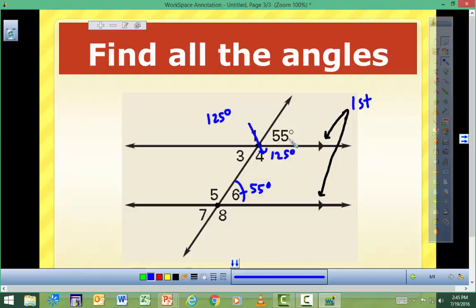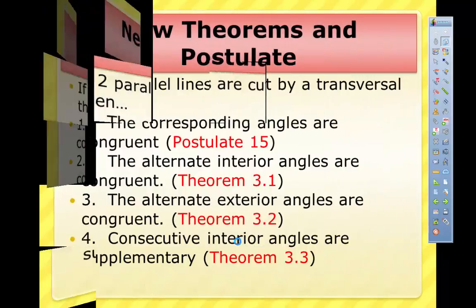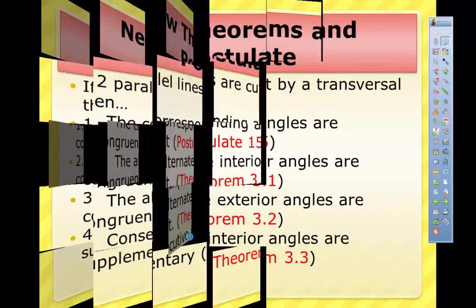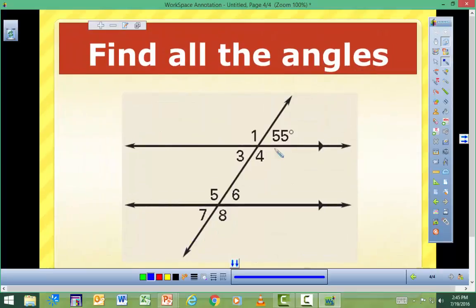We just found out one of the four postulates that we read about on the previous slide was that consecutive interior angles are supplementary. So what that means is that these two angles that are on the same side must add up to be 180.